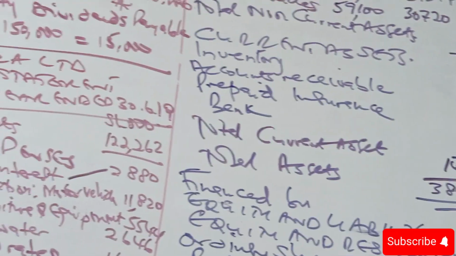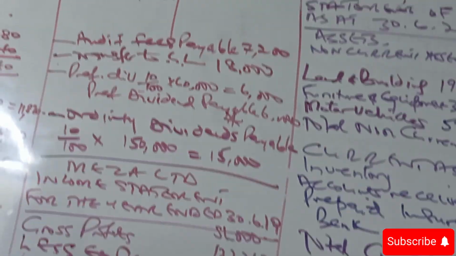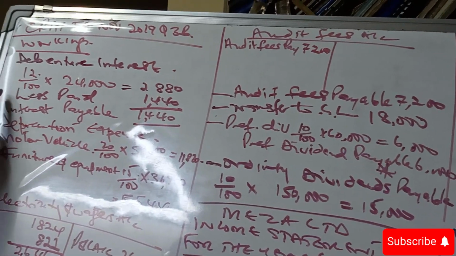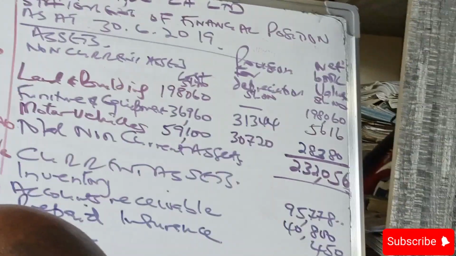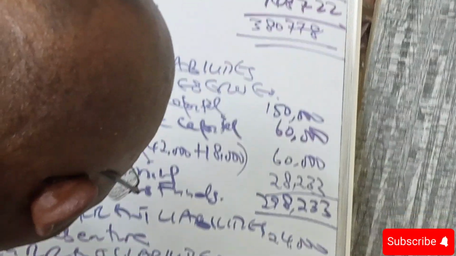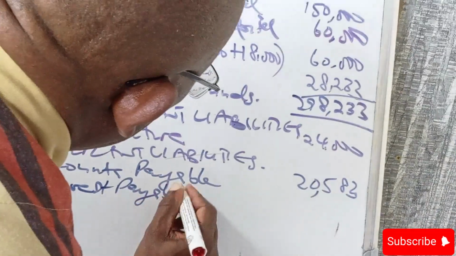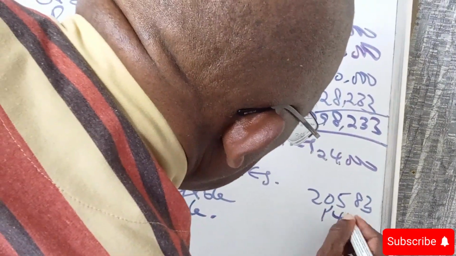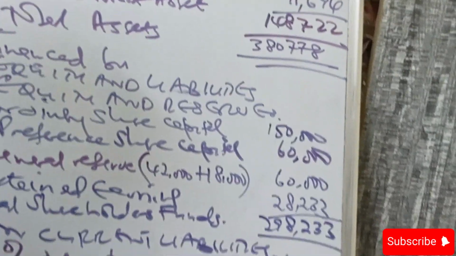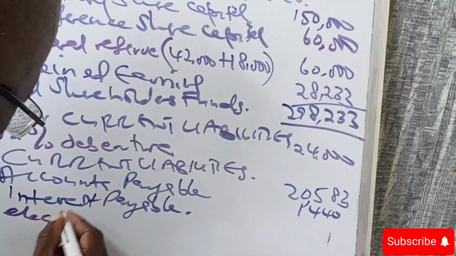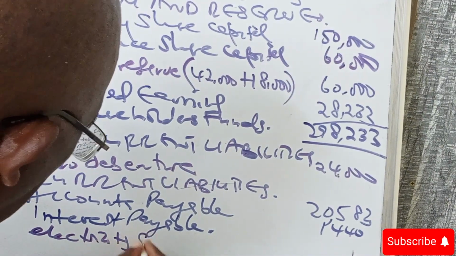Picking all the accounts payables which have been created. The first one is interest payable, 1440. Then we have electricity and water payable, 822.